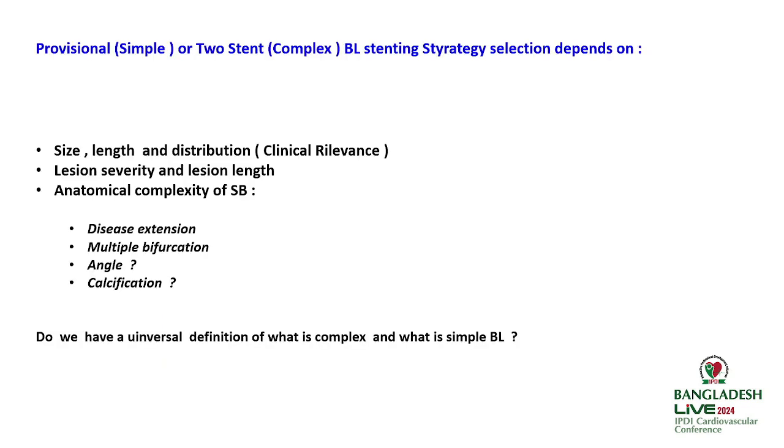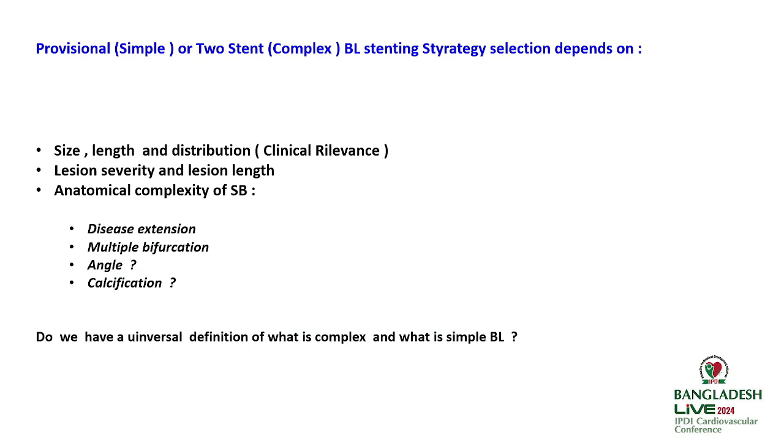And of course, provisional simple or two stents complex stenting strategy selection depends on size, length, and distribution of side branch. That means clinical relevance of side branch, lesion severity and lesion length on side branch, and anatomical complexity of side branch. That means disease extension, multiple bifurcation, also on side branch, the angle, the presence of calcification.